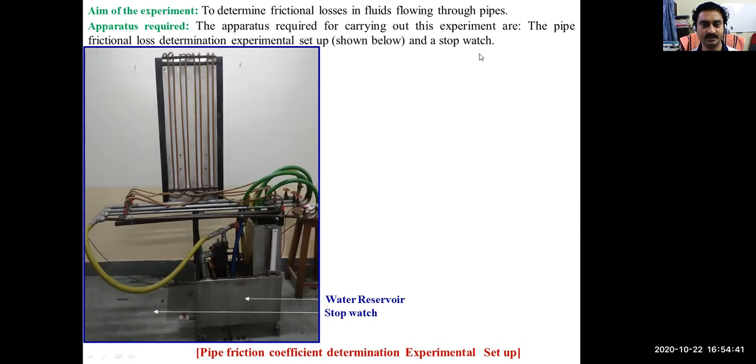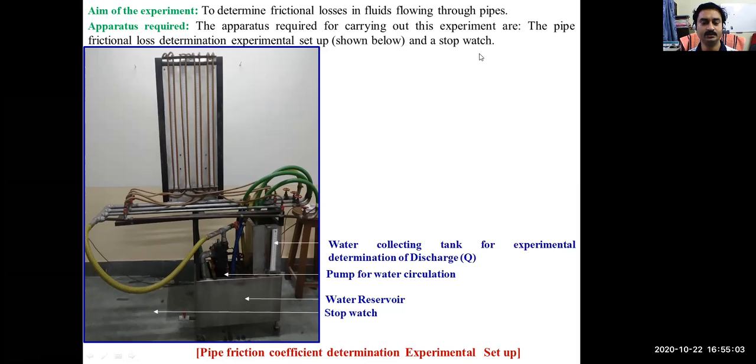The second component is a pump for water circulation. There is nothing much to explain about that. You have already seen in the Bernoulli's theorem apparatus similar components, a water reservoir and a pump, which helps to circulate the water throughout the circuit.